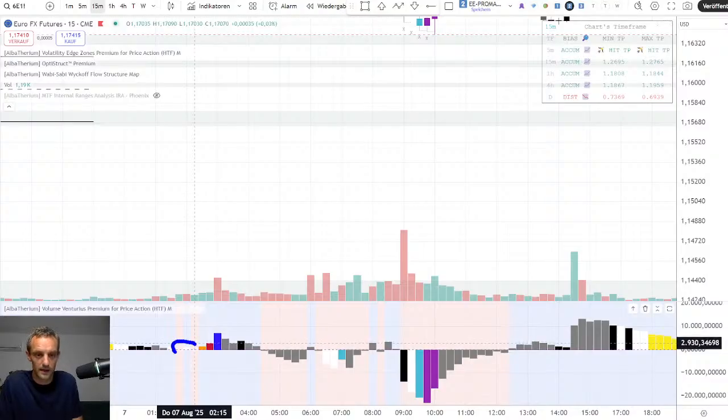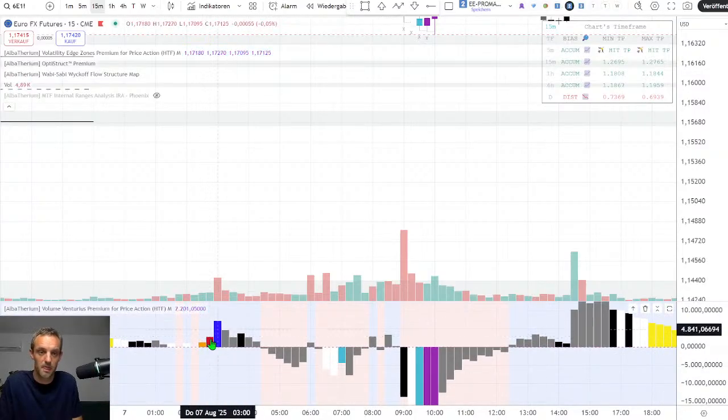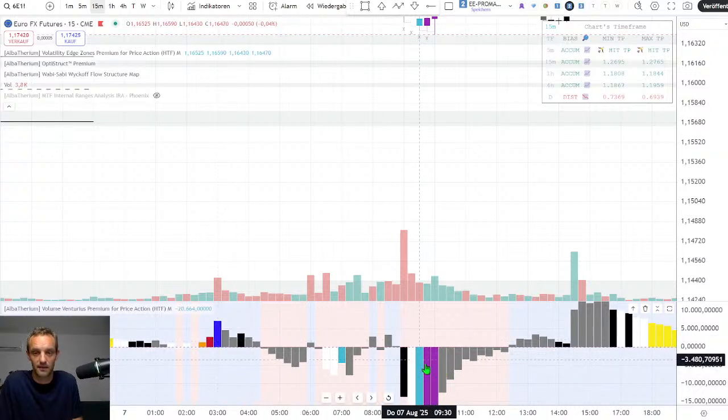It starts with white, then yellow, then orange, red, and blue as the highest buy orders, extreme buys on the long side. So these colors are buying extremes, and these ones here are selling extremes.